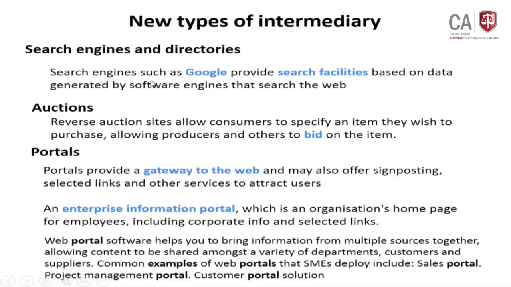Search engines such as Google provide search facility based on data generated by software engines that search the web. If you search in Google using some keyword, it will direct you to some website, but not the main page.